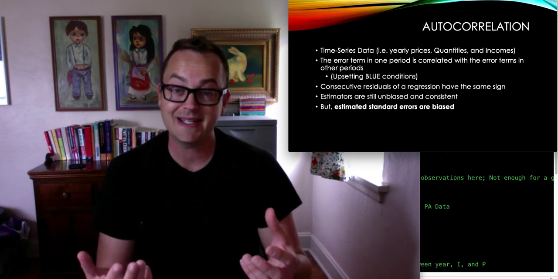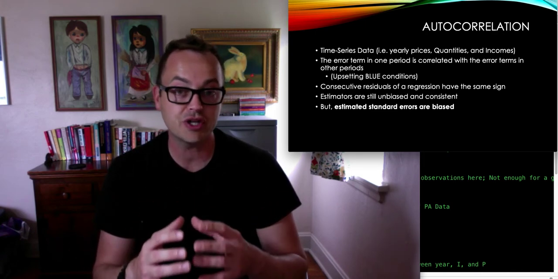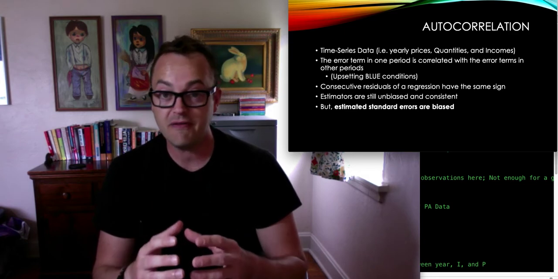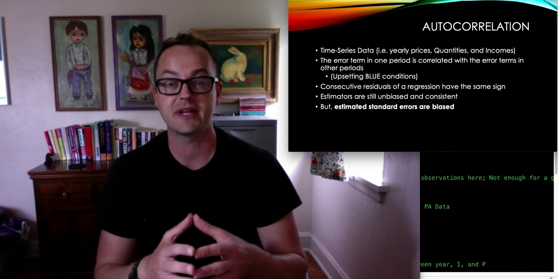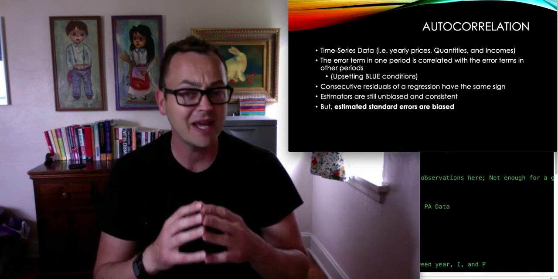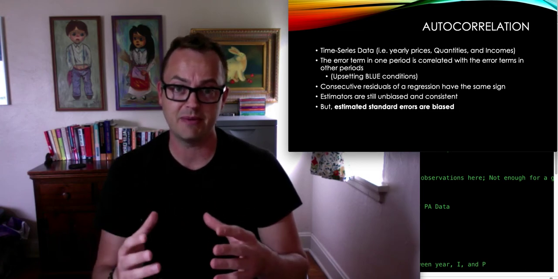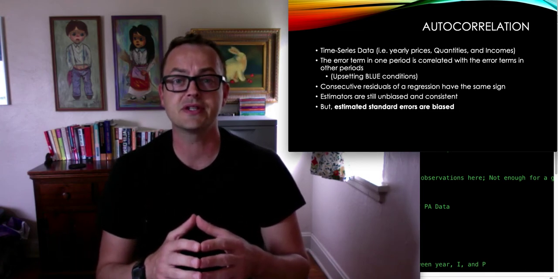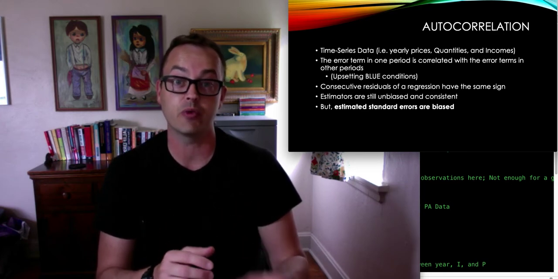So the precision of your estimates may be off, and your statistical testing of whether something is significant or not may also be off, leading you to think that your estimates are more precise and statistically significant than they really are.